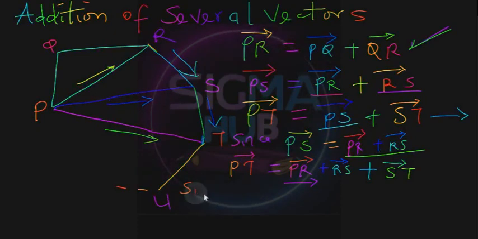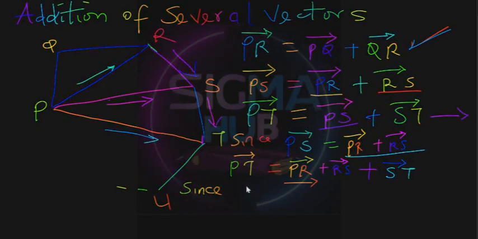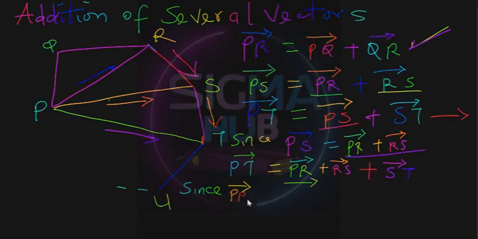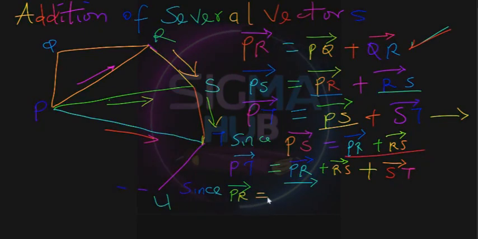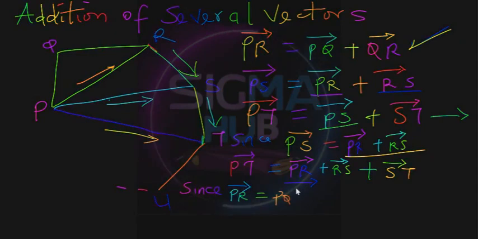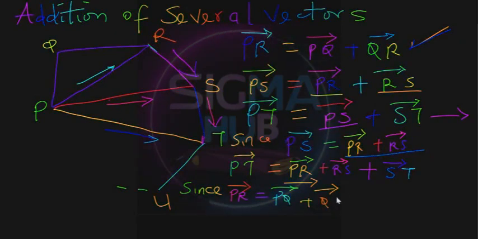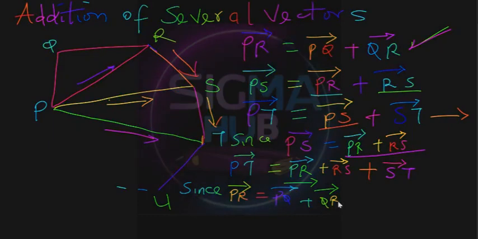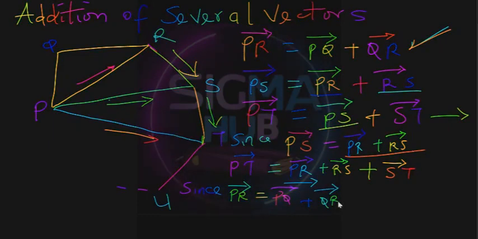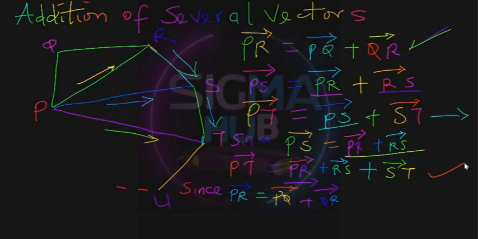Since PR is also PQ plus QR, we can substitute the value of PR as PQ plus QR into this.